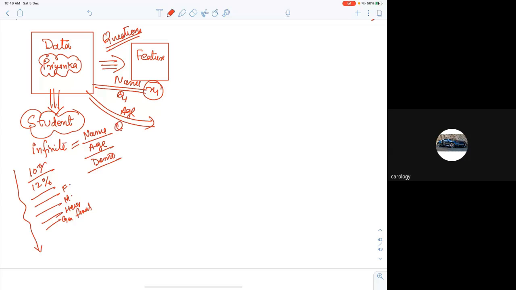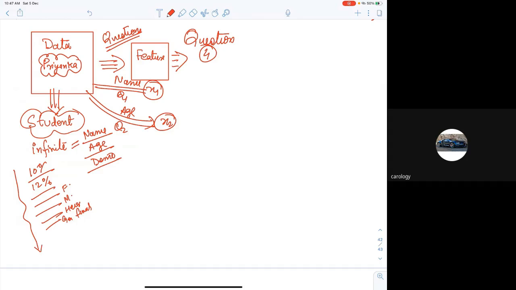What is the dimension of such a feature vector? It depends on how many questions I have asked. Suppose I ask only 4 questions, then the whole Priyanka, who has an infinite amount of information, got converted into x1, x2, x3, and x4. Now somebody will ask what type of questions we need to ask?